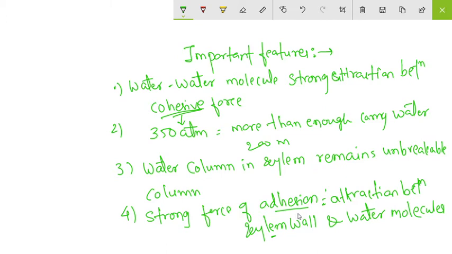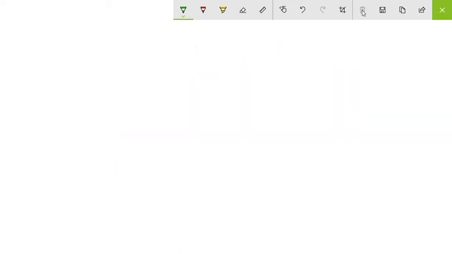So due to the cohesion, water remains as a continuous water column. It remains intact and continuous from the root tip to the shoot tip, up to the mesophyll of the cell.